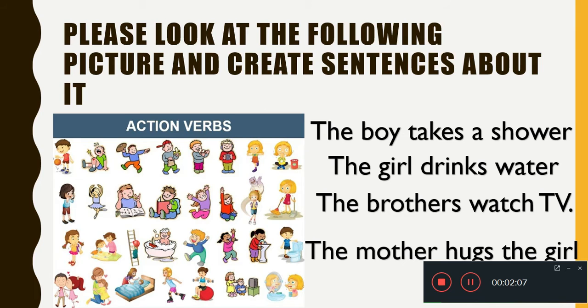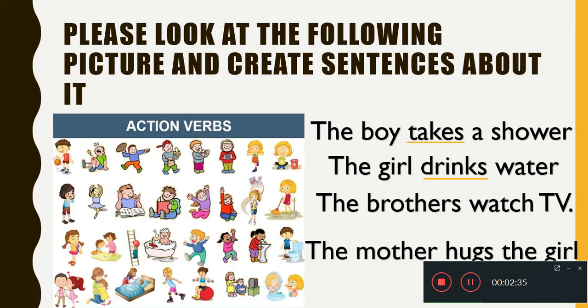The action in number one is takes. You see the action finishing in S, and it's talking about only one person. In sentence number two, the action finishes in S and it's only talking about a girl.